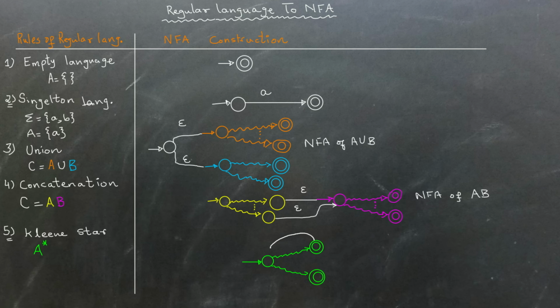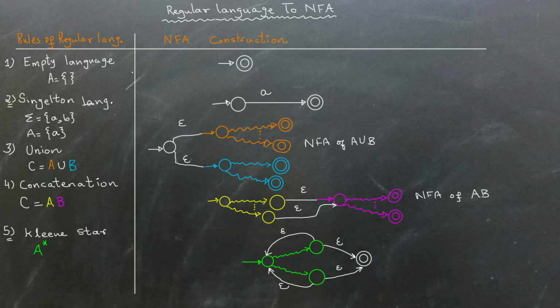Step number 1. Create an epsilon transition from each final state of NFA for A back to its start state. Step 2. Create a new final state with epsilon transitions from the original final states.